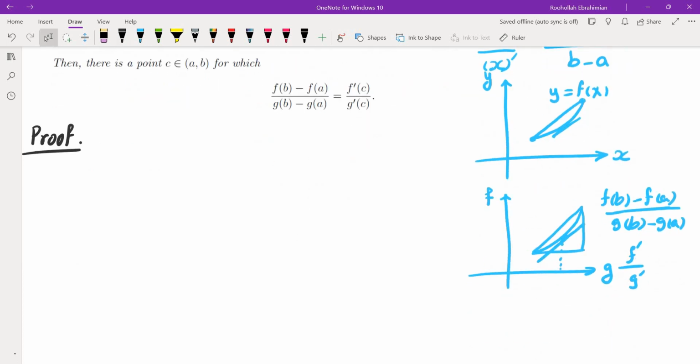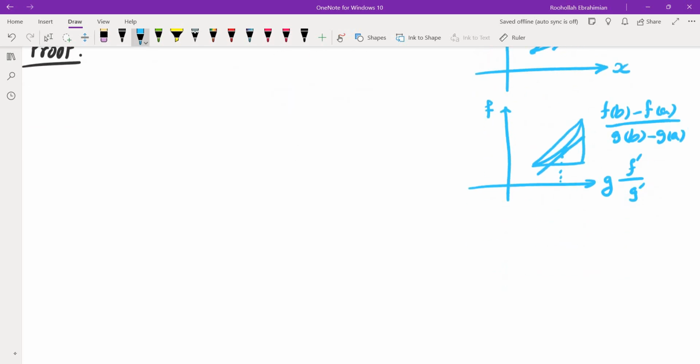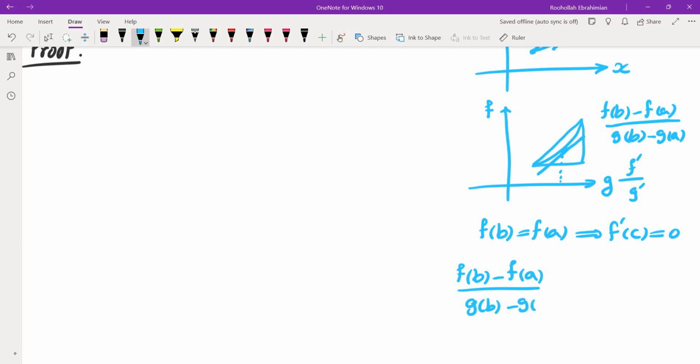If you try to turn that into some form of Rolle's theorem identity, what you need is a function f such that f of b and f of a are the same, and that tells us that there is some c such that f prime of c is equal to 0. If we write down the given equality, so this is going to be my scratch work, and then hopefully we can get it to a complete proof.